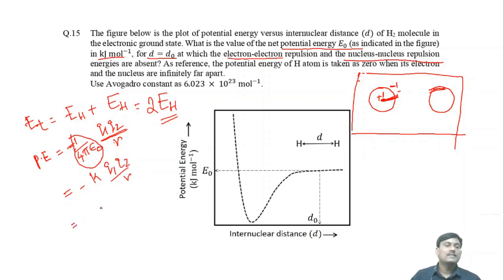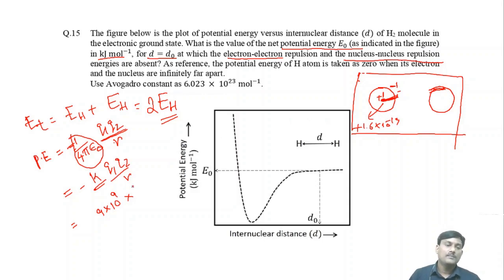What is the k value? In SI units, k is 9 into 10 to the power of 9. For q1 and q2, the charge is plus 1.6 into 10 to the power of minus 19 coulombs, and the other one is minus.